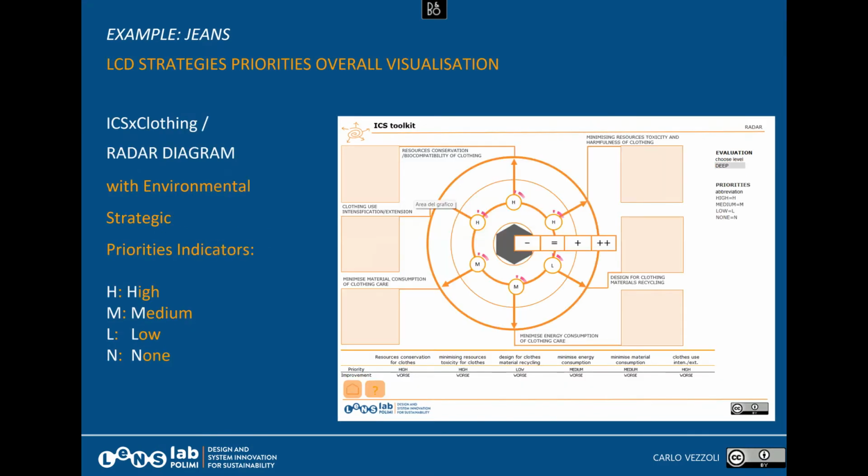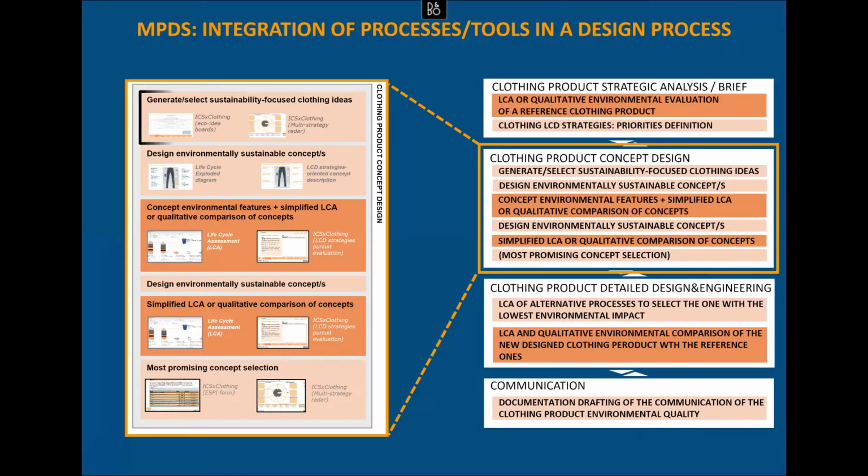And this is then highlighted in another tool, which is part of a toolkit, which is called X toolkit, that will be better presented by Luca right after, even because two tools of this toolkit you are going to use, or three, even the radar diagram, but not in this case. So these priorities are highlighted here. So for example, some strategies have a high priority, medium priority, no priority, or low priority, okay? And this is key important to be understood.